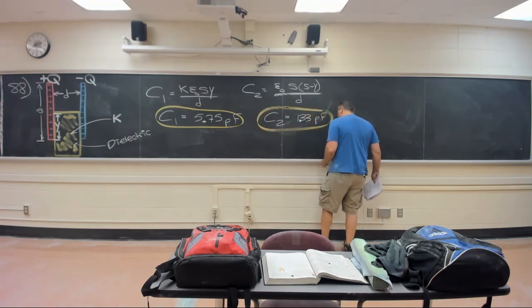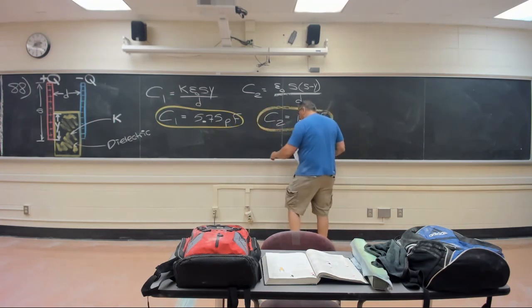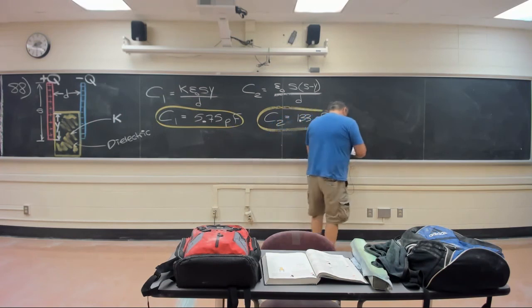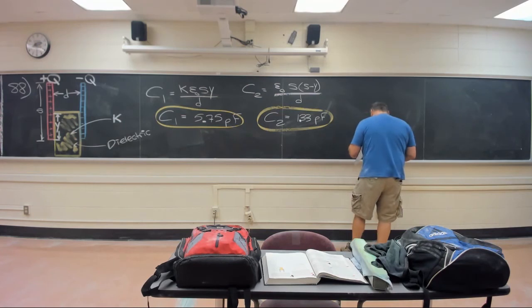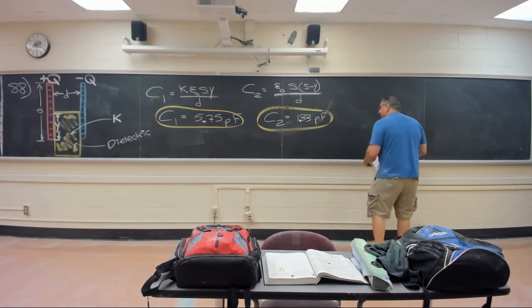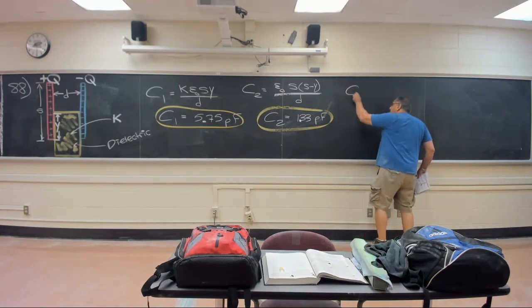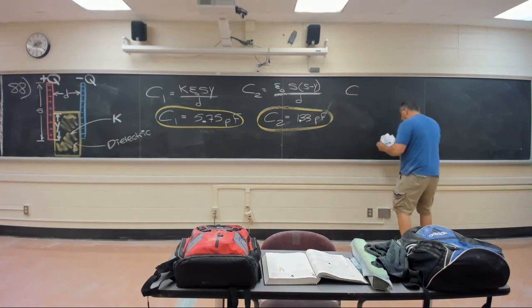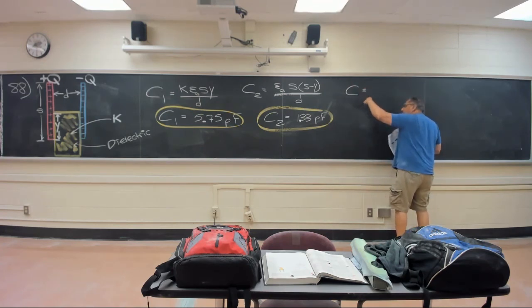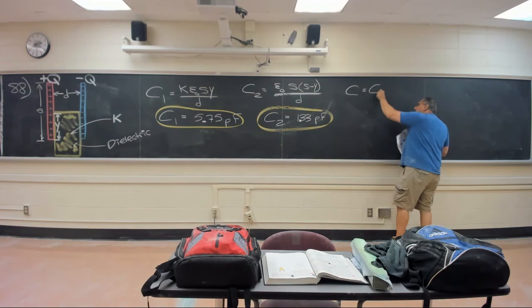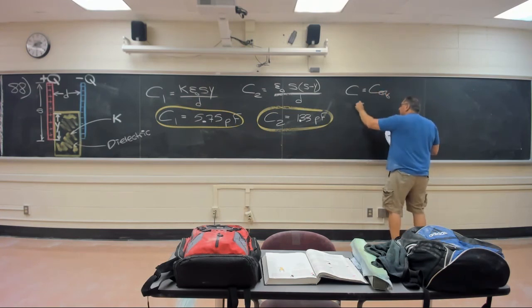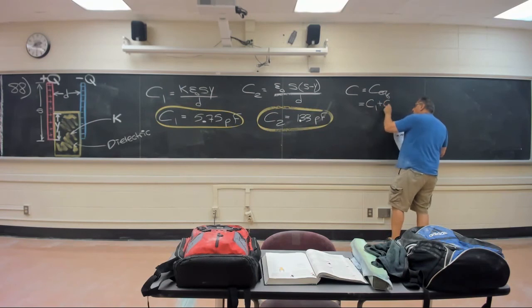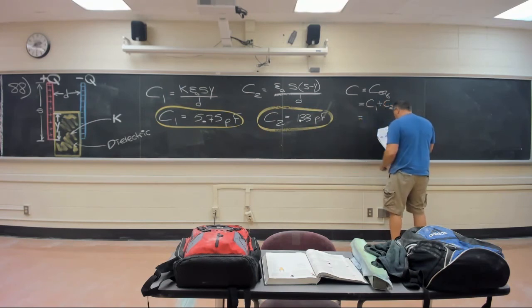It's a little easier to visualize if you go like this. That's up to the person when they're doing it. We said they're in parallel. Well, that makes it pretty easy. Equivalent capacitance, just call it C, since I've been calling them C1, C2. So C is the same as C equivalent, C1 plus C2, good enough.